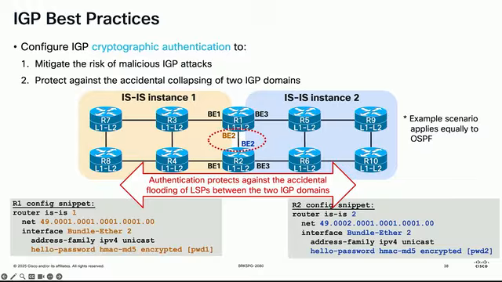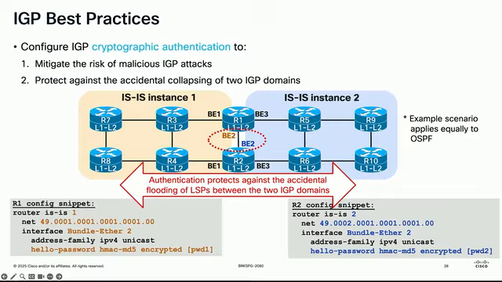In the event an interface in R1 that's configured in instance 1 is accidentally connected to an interface on R2 configured for instance 2, that connectivity error will collapse the two domains into one, doubling the IGP control plane scale in each domain and potentially causing the control plane to fail.